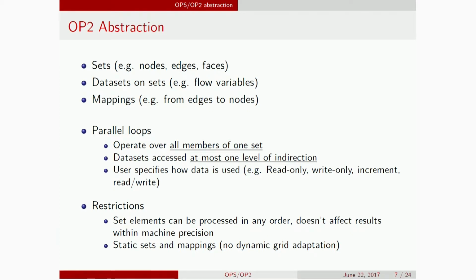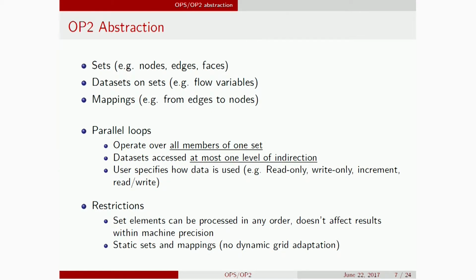After that, if we have this information, we can define the parallel loops that iterate through all of the elements of one set and access the data on the sets with at most one level of indirection.